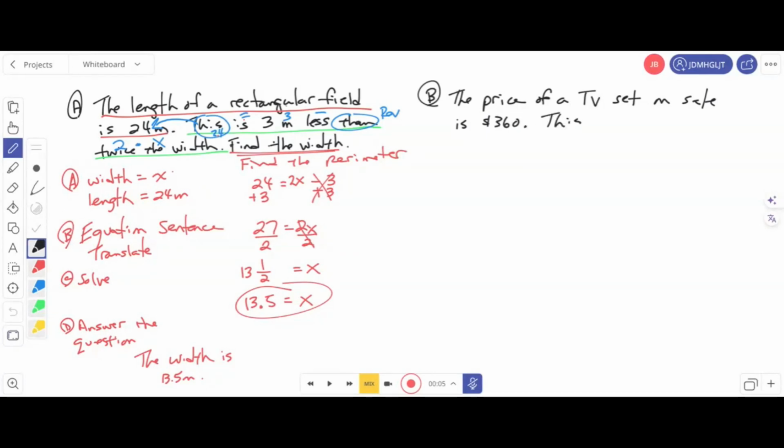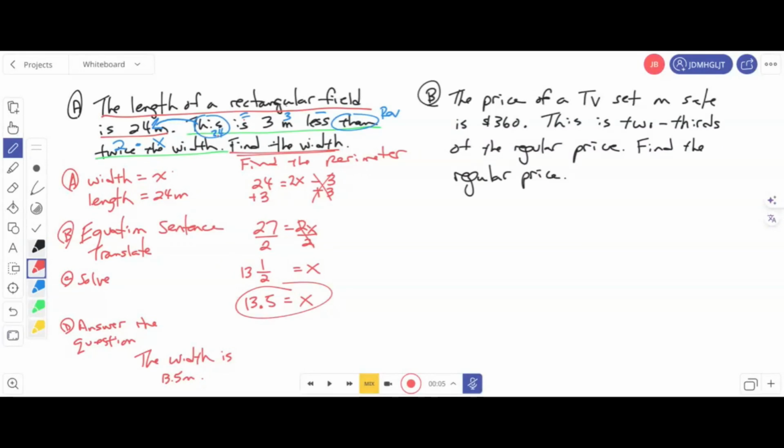This is 2/3 of the regular price. Find the regular price.